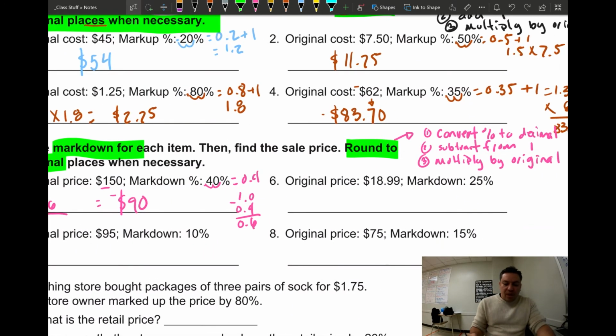Next one. Markdown by 25%. 0.25. 1 minus 0.25 gives me 0.75.